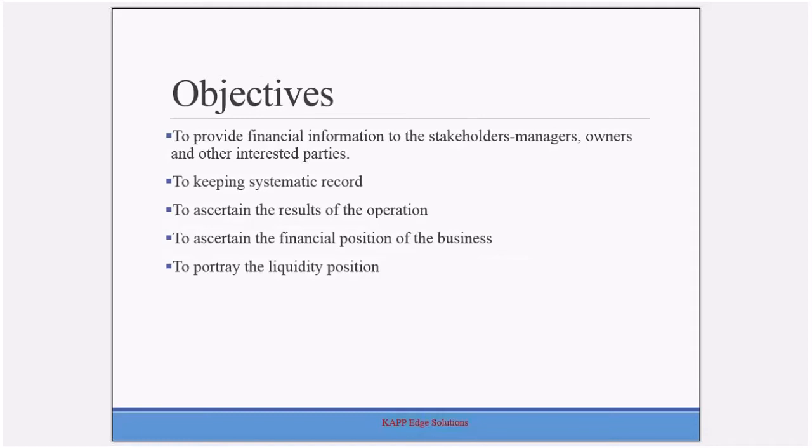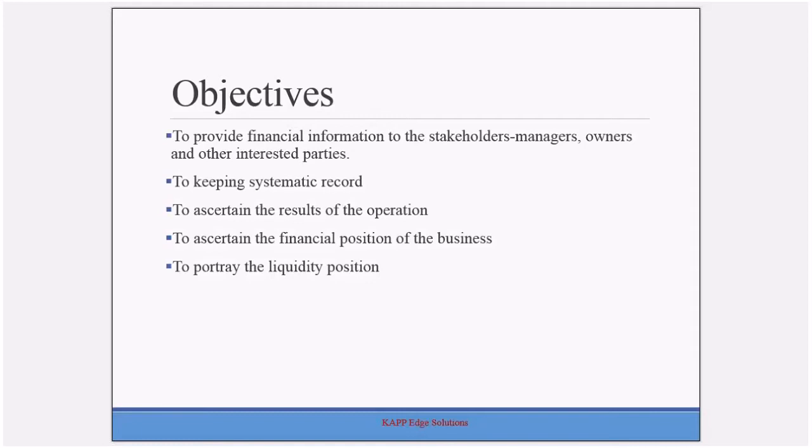Accounting also portrays the liquidity position. Liquidity means how easily available cash is to the business. The business needs cash. A company can survive without profit in the short run, but a company cannot survive with no liquidity, not even in the short run.